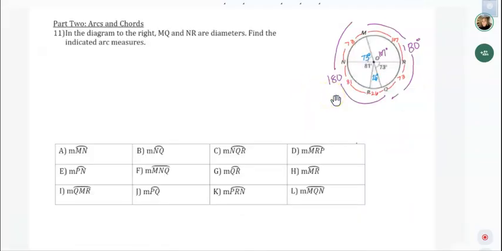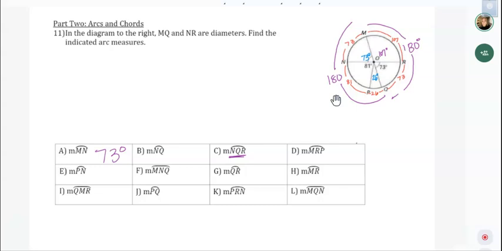So now we want to find the indicated arc measures. So what is the measure of MN? 73 degrees.